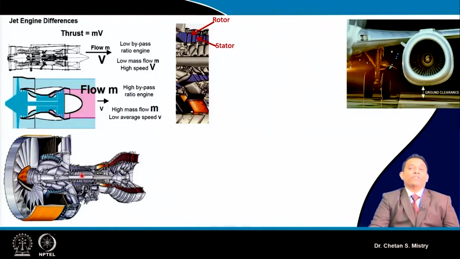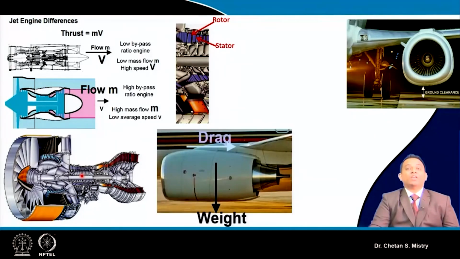Since we are expecting our thrust to be larger, we are looking for a larger overall pressure ratio. That means we are looking for more stages. When we increase the number of stages, we are basically increasing the weight of the engine.